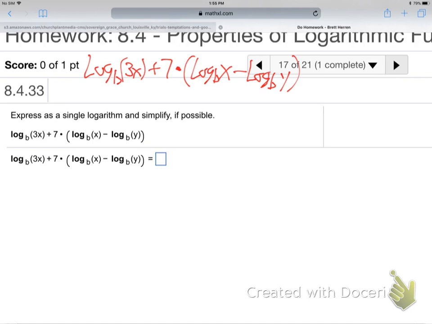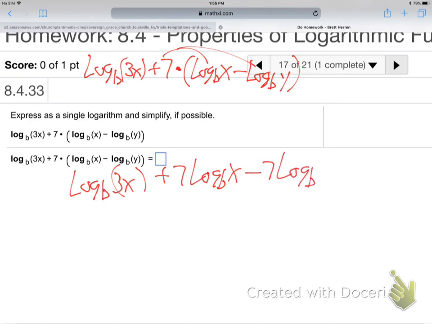I would start, by the way, with just distributing that 7. Just get log base b of 3x plus 7 log base b of x, minus 7 log base b of y. That good to there? So just distribute that 7.